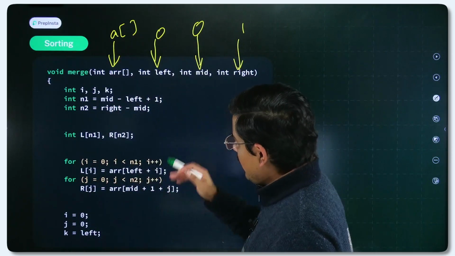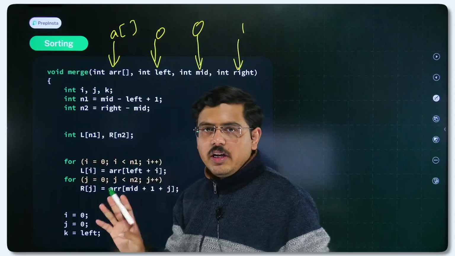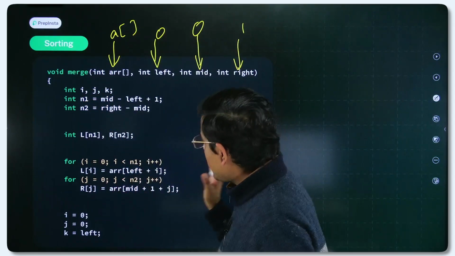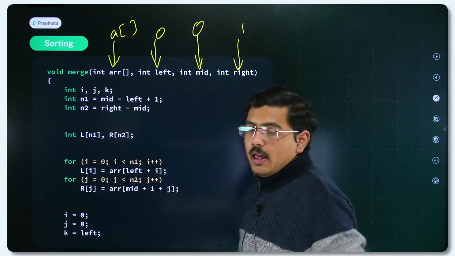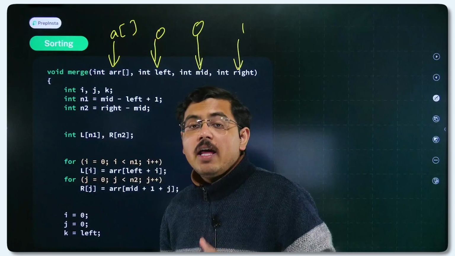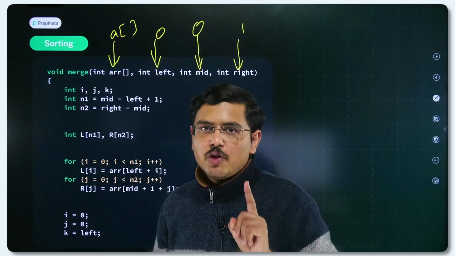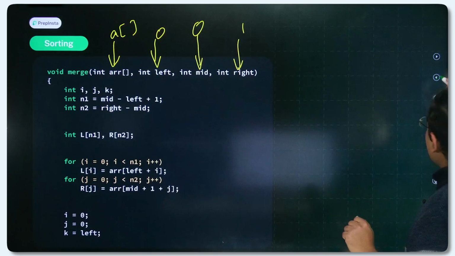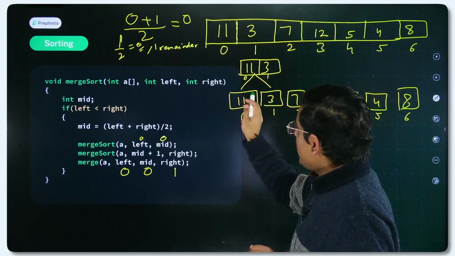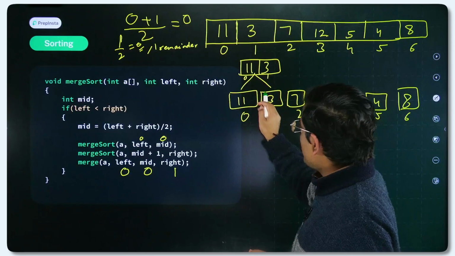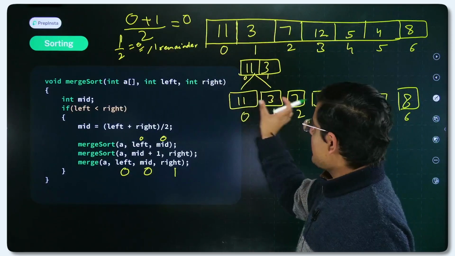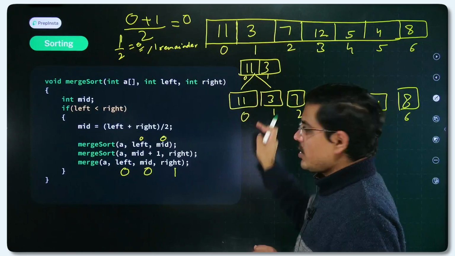What is happening here? Let's see. i, j and k are 3 integer variables declared. n1 is nothing but the number of elements in the first array which is to be merged. First of all, just understand that now these two arrays, one is this array, one is this array, and I have to merge them together.